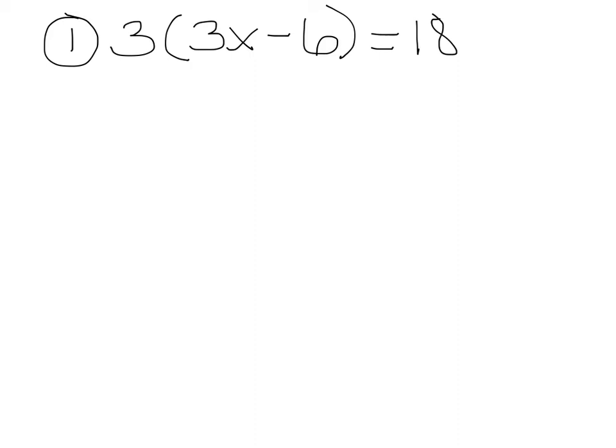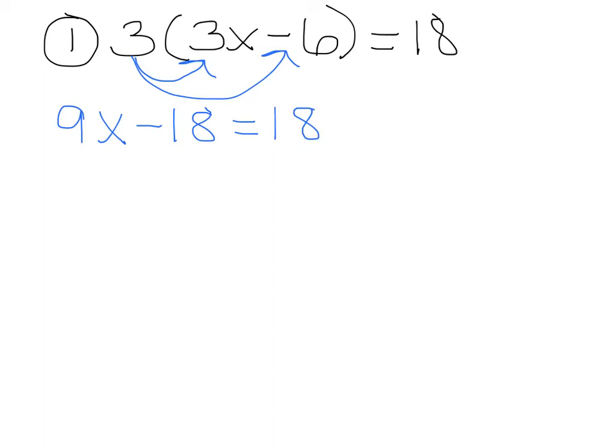We first need to get rid of the parentheses here by distributing the 3 to everything inside. 3 times 3x is 9x, and 3 times negative 6 is negative 18, and this is equal to positive 18. We have no like terms on either side to combine, and my variable x is by itself on one side.